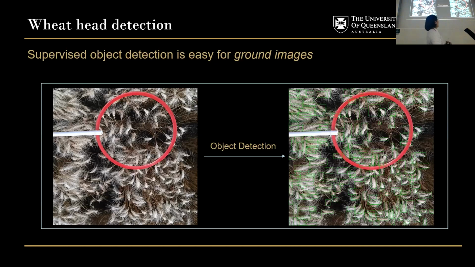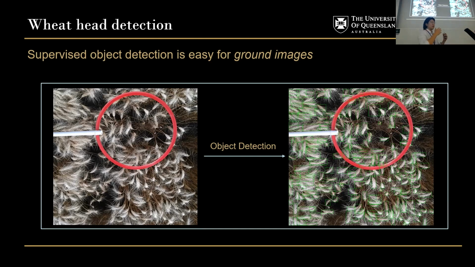Let's have a look at this wheat head detection problem. This problem is to help crop yield prediction from crop images. To achieve this objective, first of all, we need our annotators to take a photo from the ground and then label where the wheat head is. After we get this labeled data, we can use our object detection model to train the model.